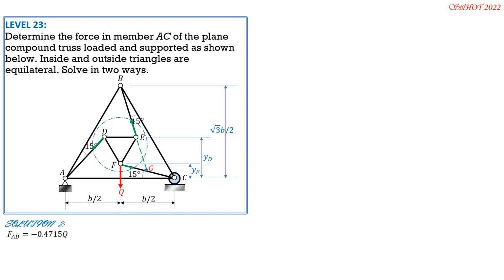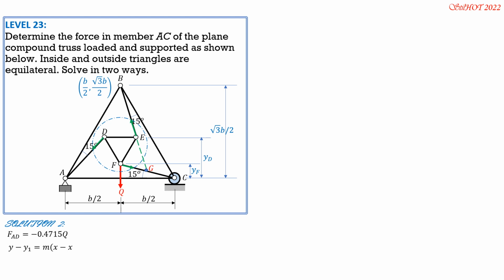Or simply, because this is also b, equilateral triangle, b sine 60 is square root of 3 over 2 b. So therefore, the coordinates of this point b are b over 2, comma, square root of 3b over 2. While c is simply b comma 0. C, we need that later.